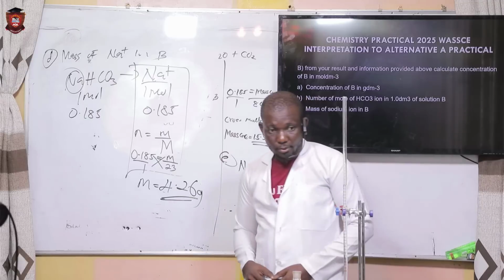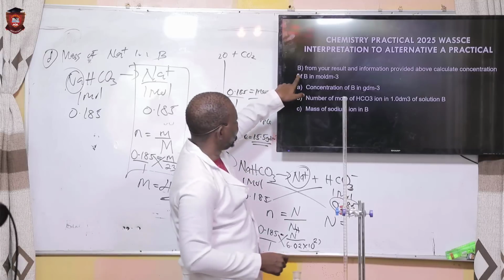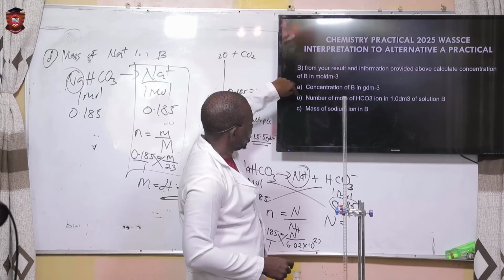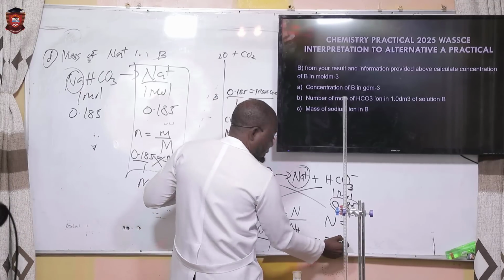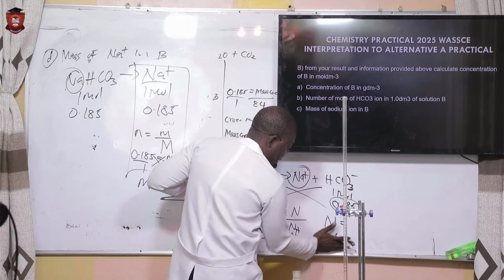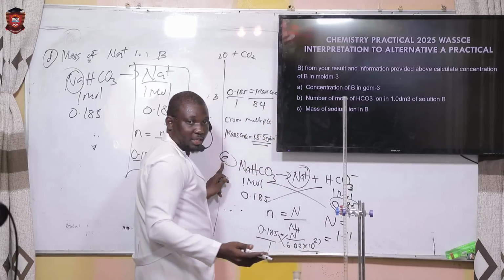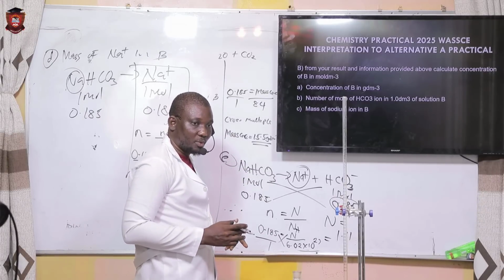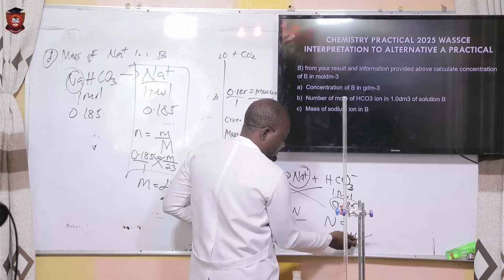For C, the questions are like this. We have A here. Calculate the concentration of A, B, C, D. What's the end answer here? 1 point what? 11 times 10 to the power what? 1.114.